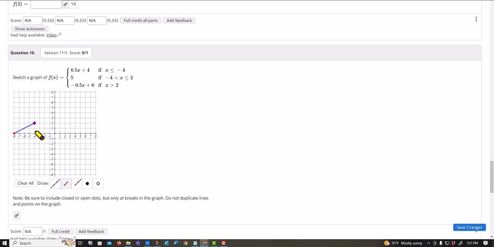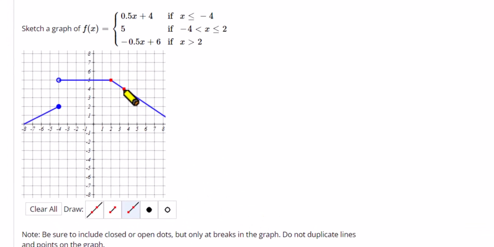And then my next one was -4 at 5, and then this went to 2, and this was an open circle. And now finally I can grab this, and you have to be careful because remember it went through 4 at 4, and so I think hopefully that would do it.